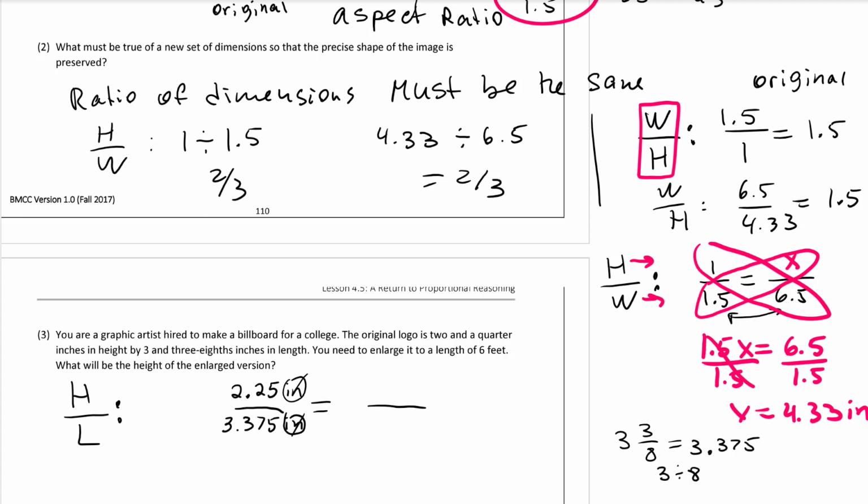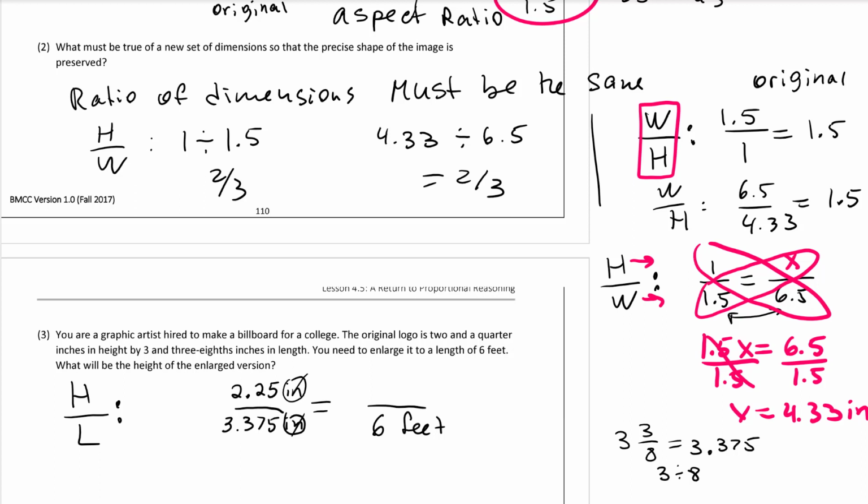We can actually divide those two numbers to get what that decimal is, but the idea is that it has to stay consistent. So now we're enlarging so that its length is 6 feet. Notice there are different units being used, and in this chapter we did talk about units at the beginning a lot. Now, when it comes to ratios, it doesn't really matter what the units within each fraction are as long as they're consistent.